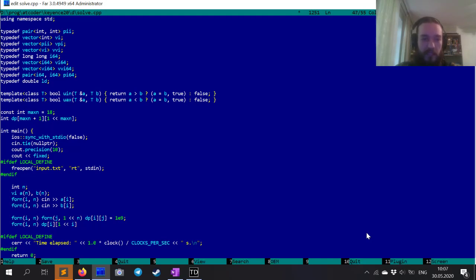So this is 1 shifted left n bits. So this is 2 to the nth, and so this number is the number that only has I in its bit representation. This way we encode the sets.